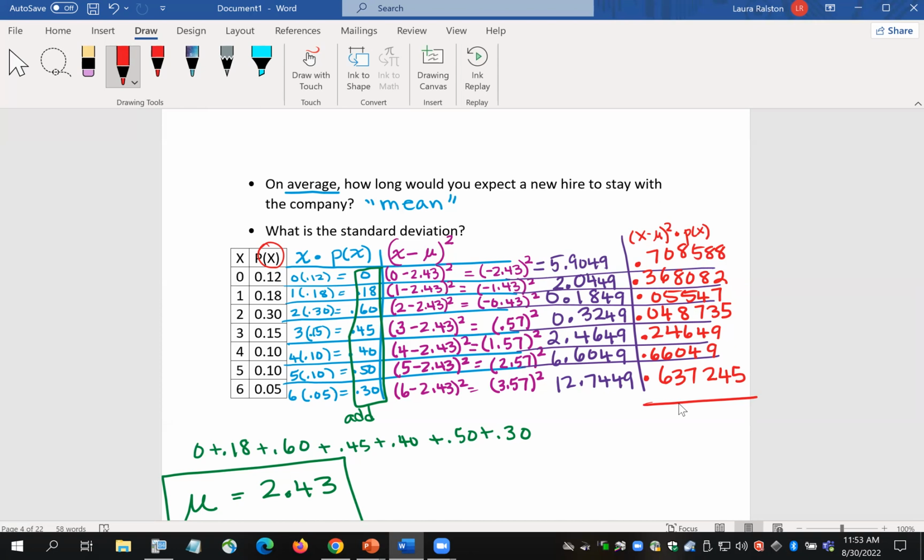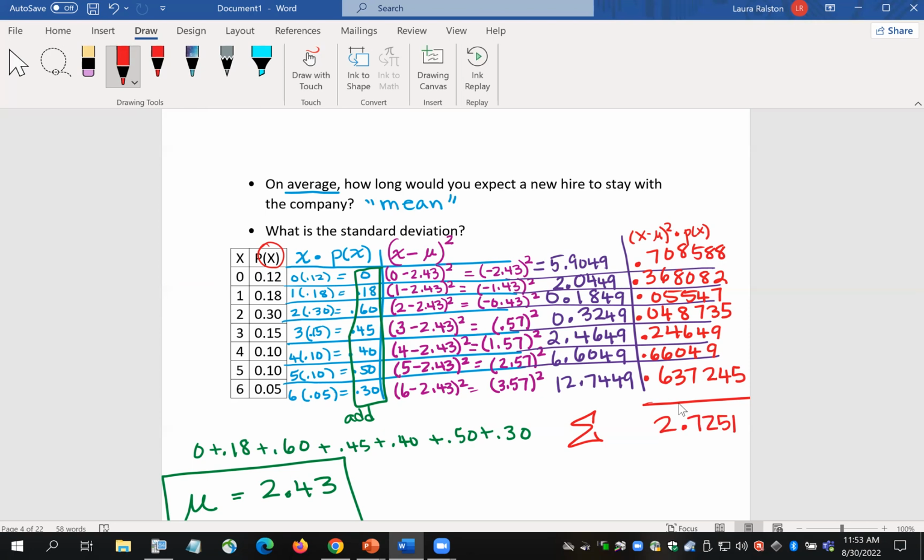Okay, that last column there, I'm going to add them up. So I'm going to add those numbers together. Okay, when I get them added up, I get 2.7251.